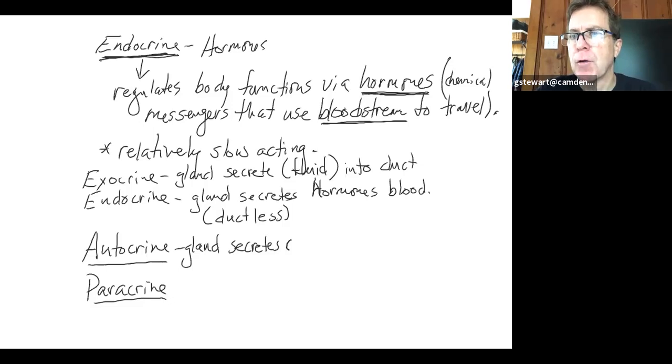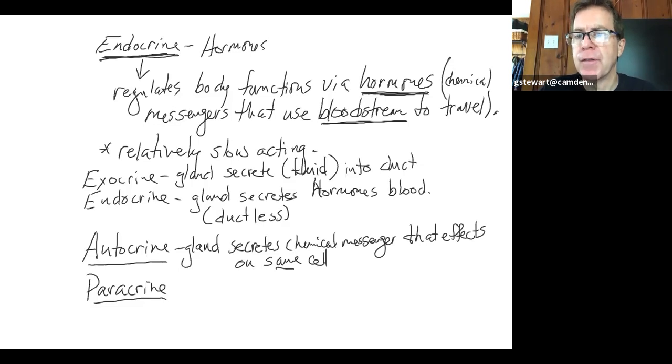So I'm going to put chemical messenger that affects the same cell that secreted it. That's hence the term auto. That has its effects on the same cell that secreted it.